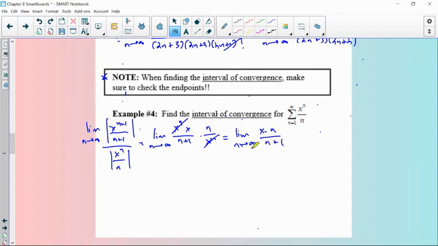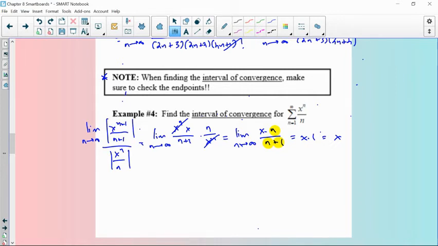So that limit, since n is going to infinity, I kind of just am focusing on the things that have n, right? Which is basically a 1-to-1 ratio. So this is going to equal 1 times x, which is just x, because the n component just goes to 1. So I get x. And so this will converge as long as that's less than 1.